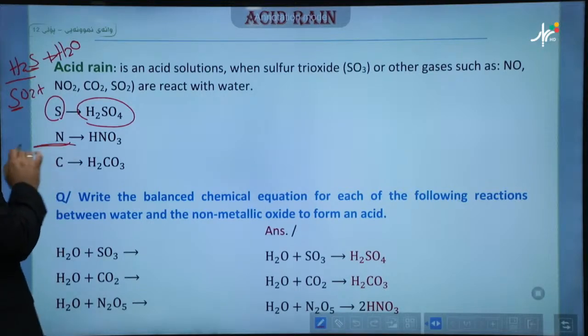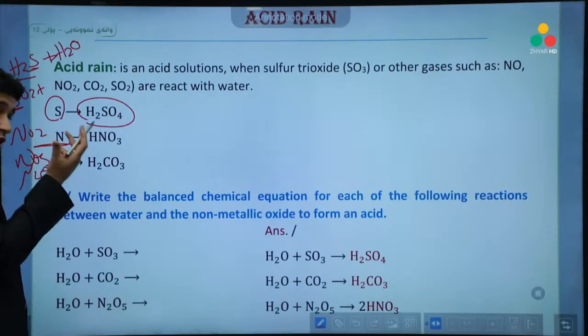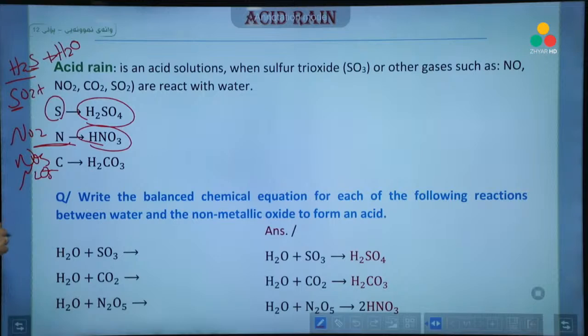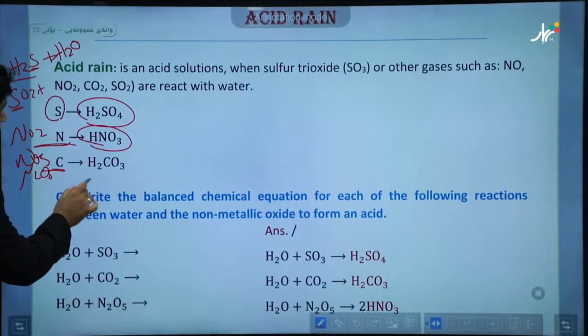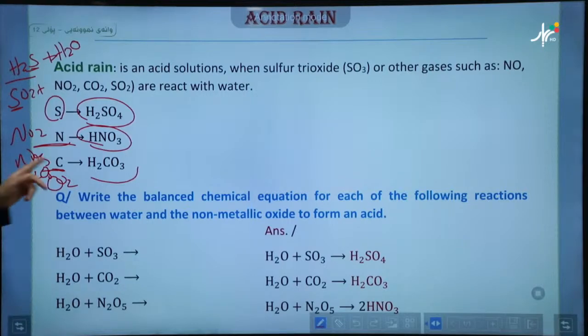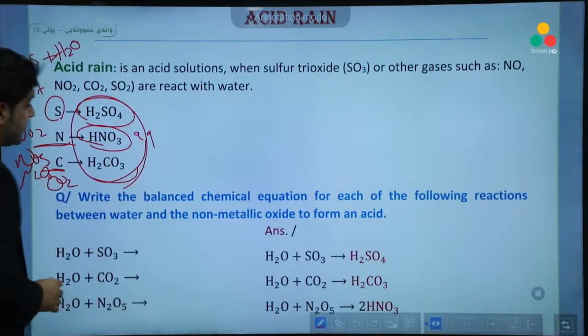If the gas has NO, for example NO2 or N2O5, when it meets a drop of water, it will form HNO3. And carbon, especially CO2 plus water, will be carbonic acid, H2CO3. So that's the acid rain, aqueous.